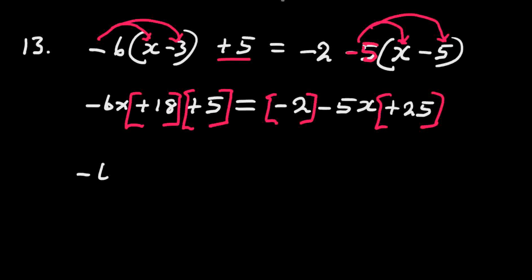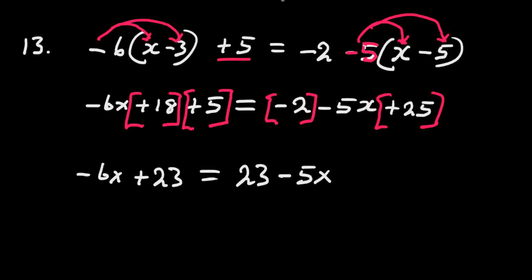So negative 6x, plus 18 plus 5 will give us plus 23. That is it for the left side. And on the right side, negative 2 plus 25 will give us plus 23. So plus 23 minus 5x.